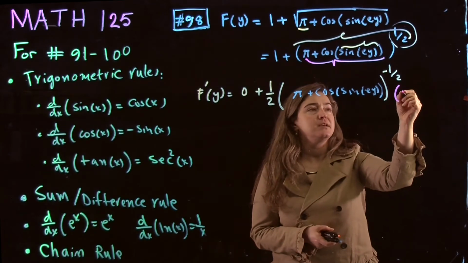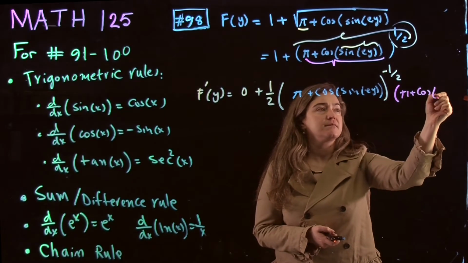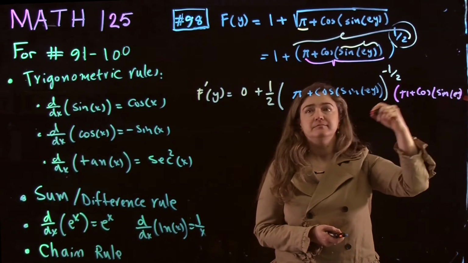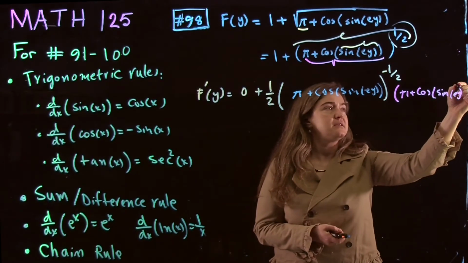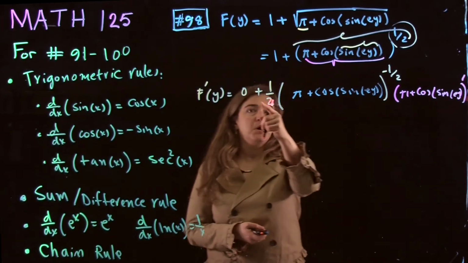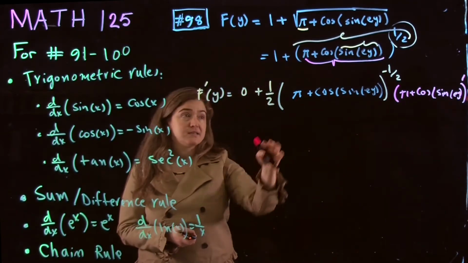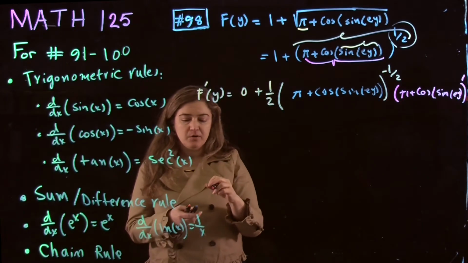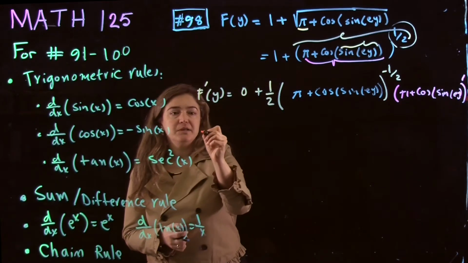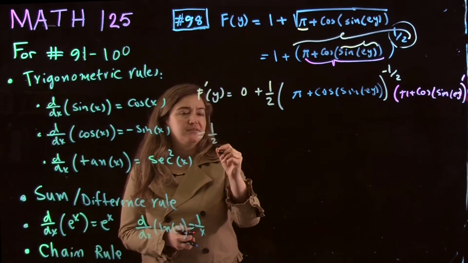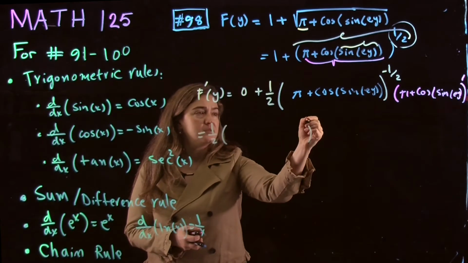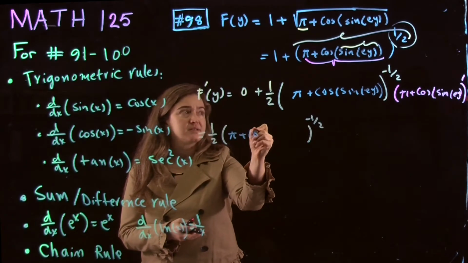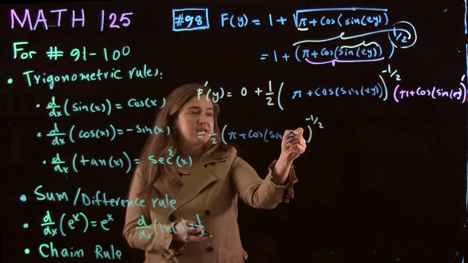The next step is to take the derivative of the inside, and this is multiplying; this entire thing is the second term. I can get rid of the first term though. Rewrite this: 1/2 to the power negative 1/2, pi plus cosine of sine of ey.